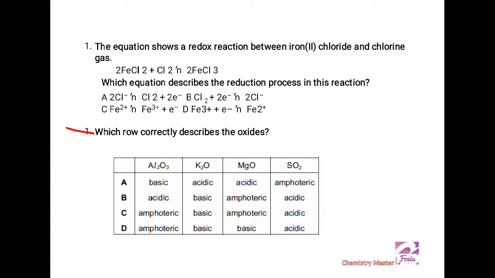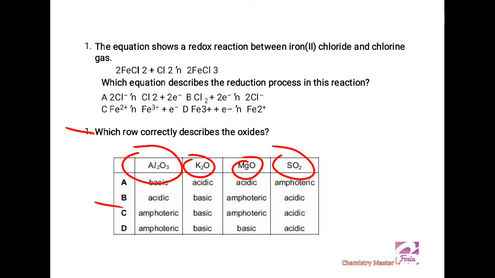The next MCQ is, which row correctly describes the oxides? You know, all the metallic oxides are strongly basic, and the oxide of sulfur is totally acidic. But the oxide of aluminum is totally amphoteric, meaning it has the dual character of reacting with acidic oxides and basic oxides.